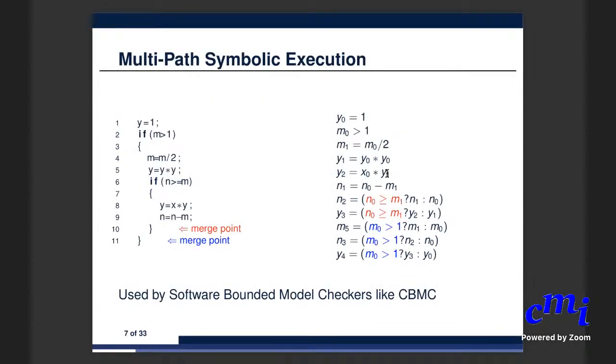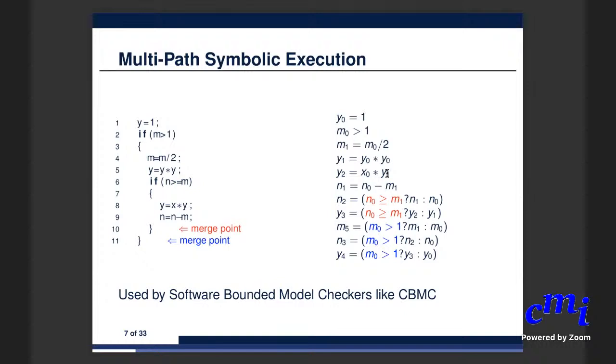that's the idea. Through introducing these merge variables, before you even enumerate all the paths corresponding to the loop, you generate an SSA in this form.